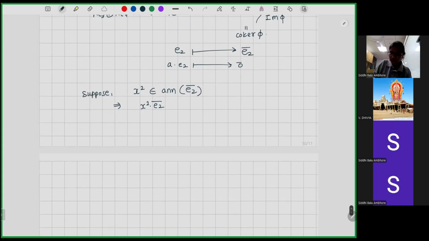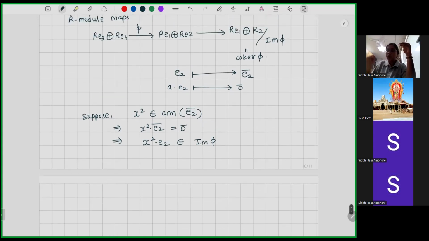So E2 bar is 0. That's the definition of annihilator. So this implies that x square dot E2 belongs to the image of P. What is something that belongs to 0 in the co-kernel? It means it belongs to the image phi. So it belongs to image phi.